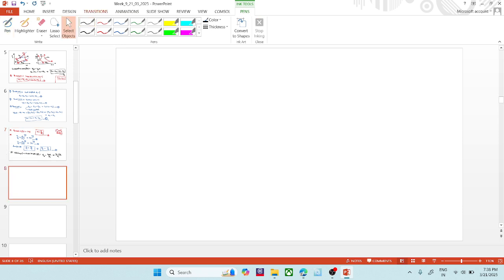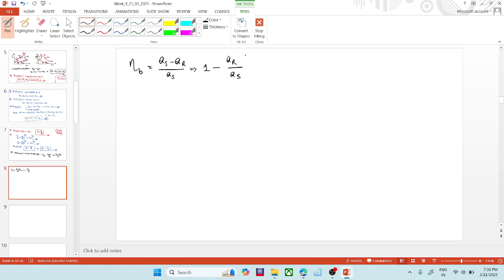So let me go to the next slide. Then eta B would be QS minus QR divided by heat supplied QS. This would be 1 minus QR by QS. Okay.